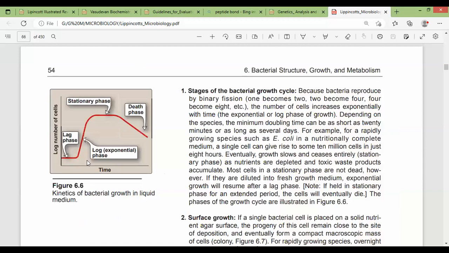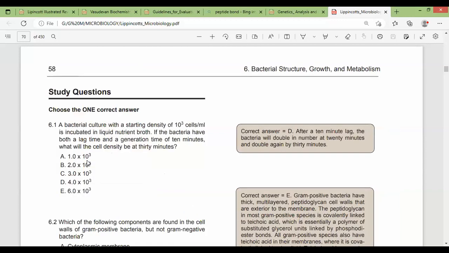So if you come back to the question, even without actually calculating it, we've been told that the bacteria has a lag time of 10 minutes and a generation time of 10 minutes. Then we've been asked what will happen after 30 minutes.